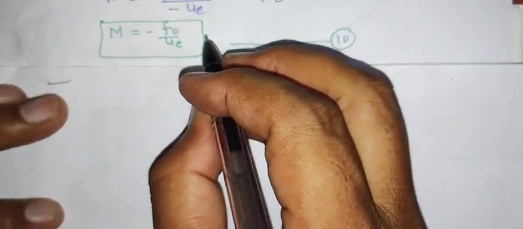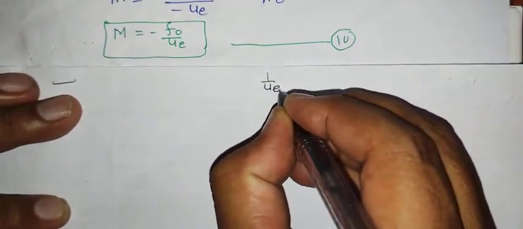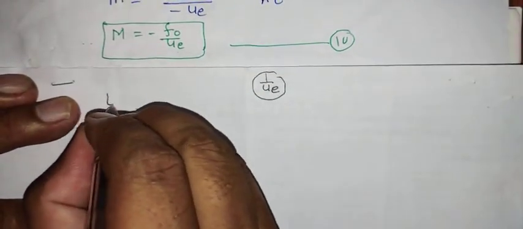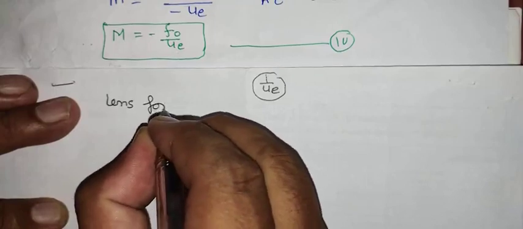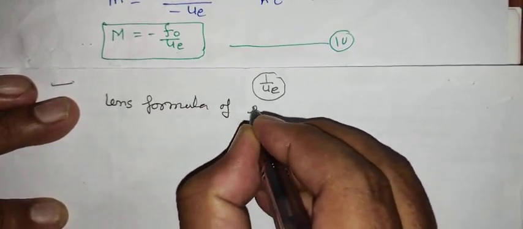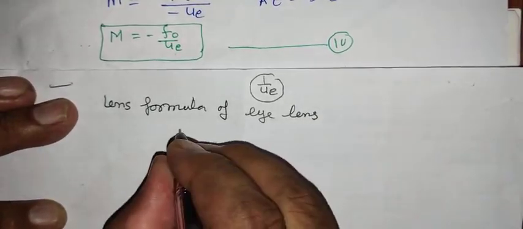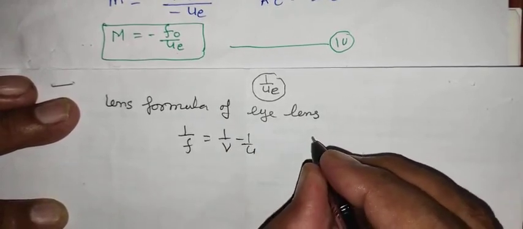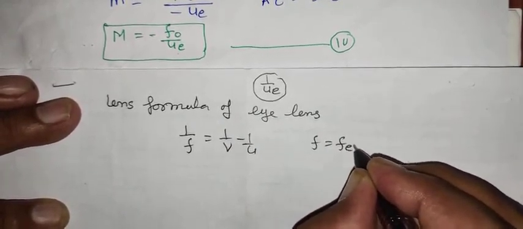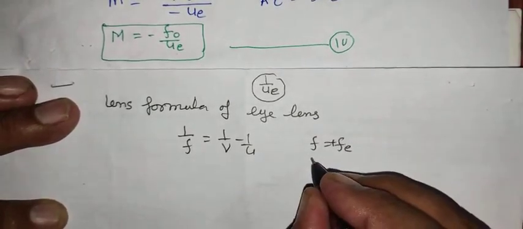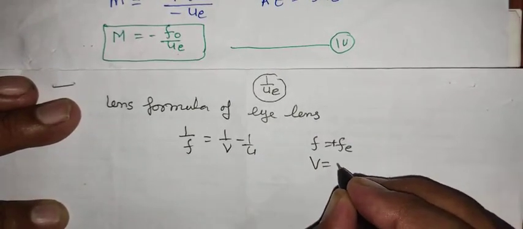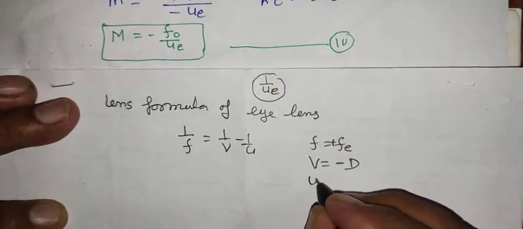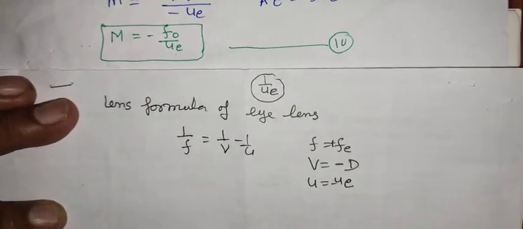The next plan is we will obtain the value of 1 by UE and put it in equation number 4. For that we will use the lens formula for the eye lens. The lens formula is 1 upon F is equal to 1 upon V minus 1 upon U. F is equal to Fe, positive sign. The final image V is formed at the least distance of distinct vision, a virtual image on the same side, so V is minus D, and U is minus UE.